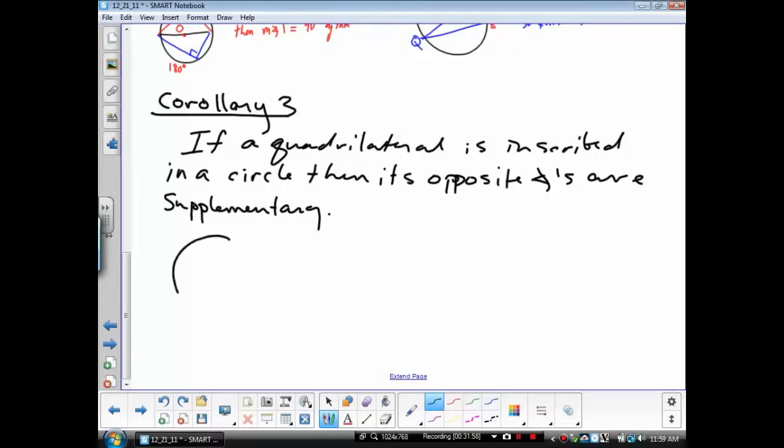Now, the reason for this is when you inscribe a quadrilateral, each of its angles are going to be inscribed in the circle.